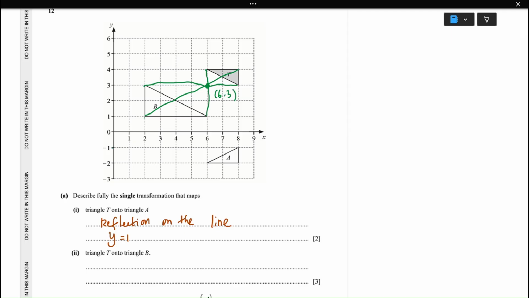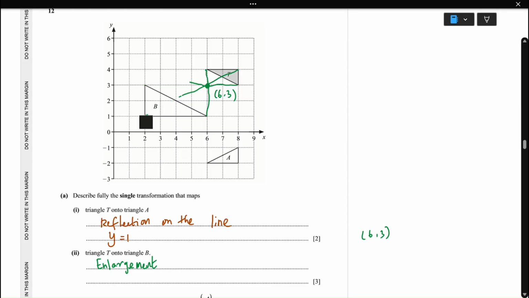Okay, so first I'll write this is an enlargement. Okay, the center part I know. So 6 comma 3, I'll write 6 comma 3. I'll erase this line so we can do the rest. I found the center.